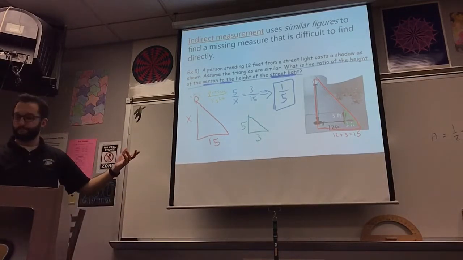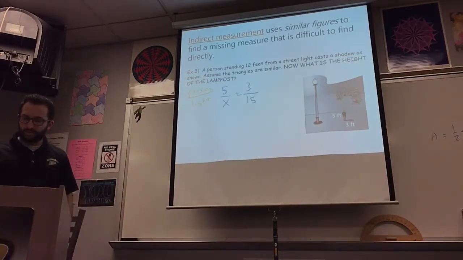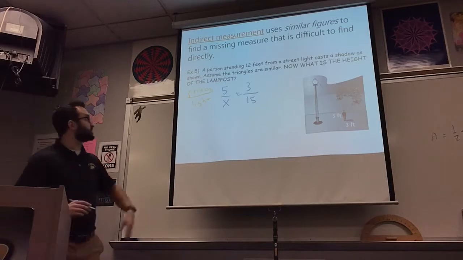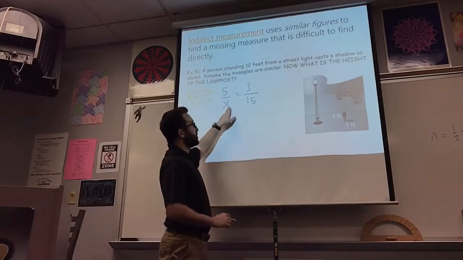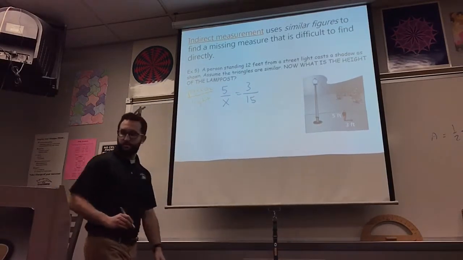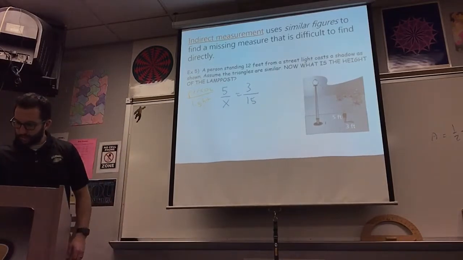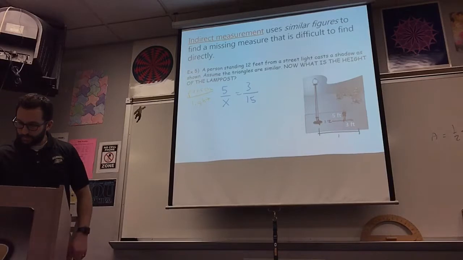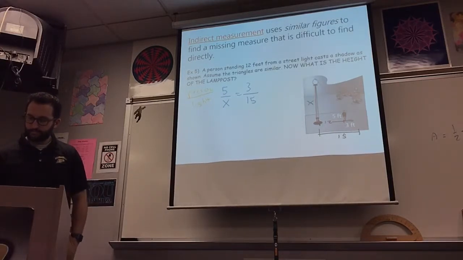Remember it's person to light. 5 over x is 3 over 15. It's 15 because of the 12 here, plus the 3, which gives a total of 15. We just cross multiply.